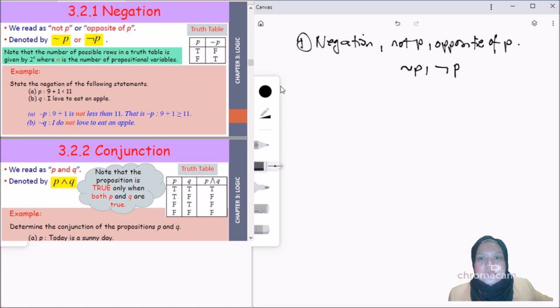So the truth table for negation is, just a single proposition, P.